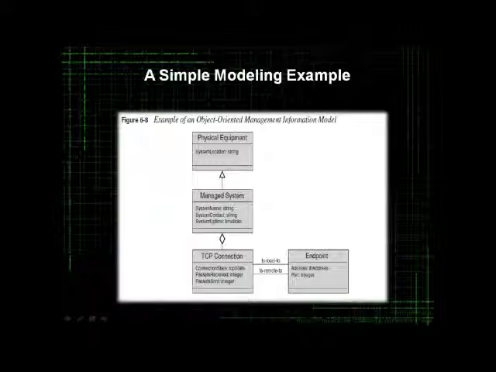TCP connection maintains two different types of relationship to objects of another class, endpoint, denoted by the simple lines labeled with the relationship names. Those relationships indicate which endpoint is local to the connection and which endpoint is remote. Objects of the class endpoint contain attributes with the address and port information of the respective endpoint.